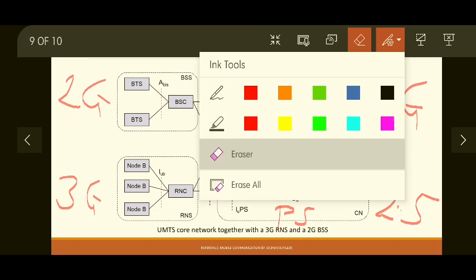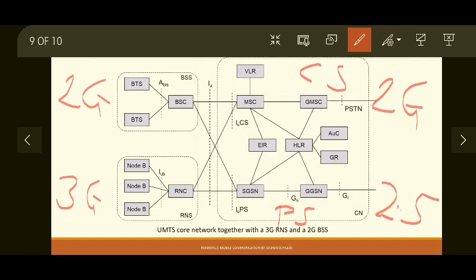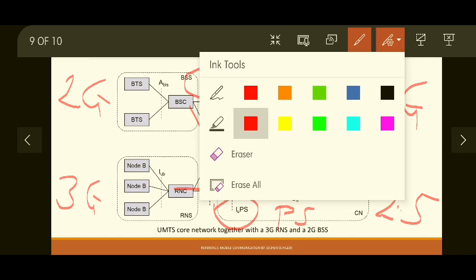To support BSC and RNC, SGSN again uses two different interfaces. To connect to BSC, it uses Gb. To connect to RNC, it uses IuPS. PS stands for packet switching. So what are the functions of this? Let's see that.